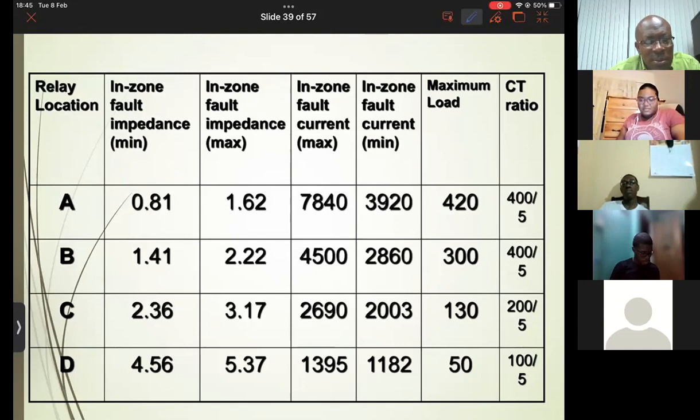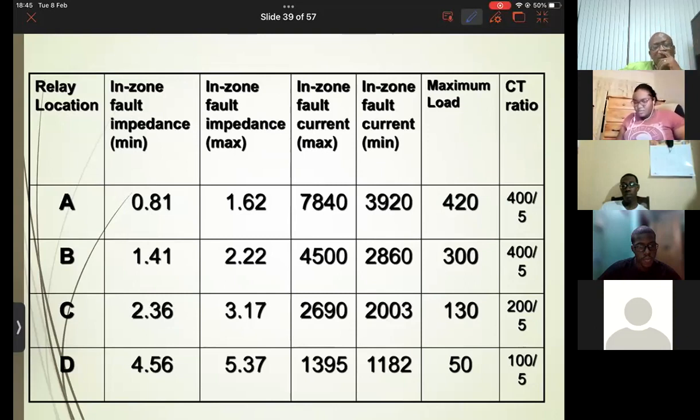And to get discrimination, what role would A need to play? Well, A would need to ignore the faults that happen in the other locations. But can it ignore them forever?